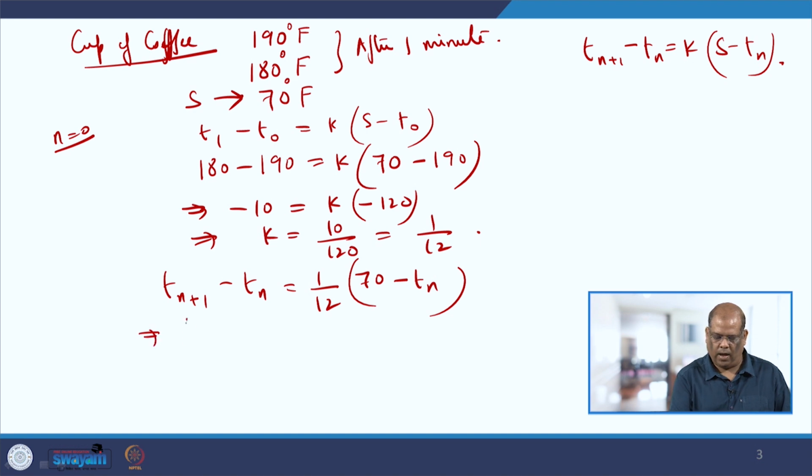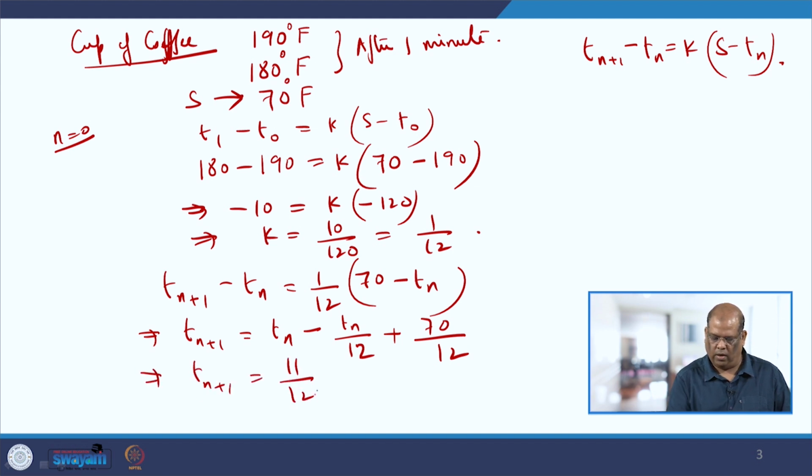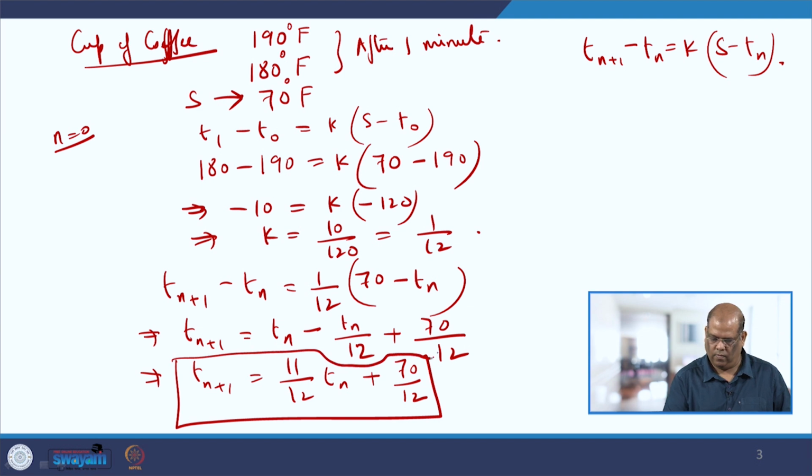If I multiply, Tn plus 1 equals Tn minus Tn by 12 plus 70 by 12. So, Tn plus 1 equals 11 by 12 Tn plus 70 by 12.